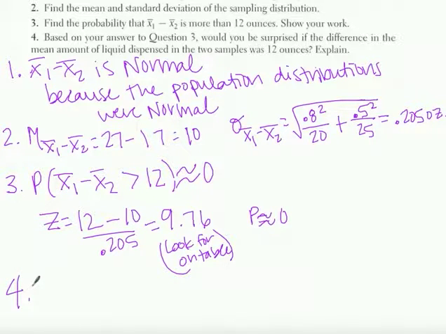Number 4 says, based on your answer to question 3, would you be surprised if the difference in the mean amount of liquid dispensed in the two samples was 12 ounces? Explain.